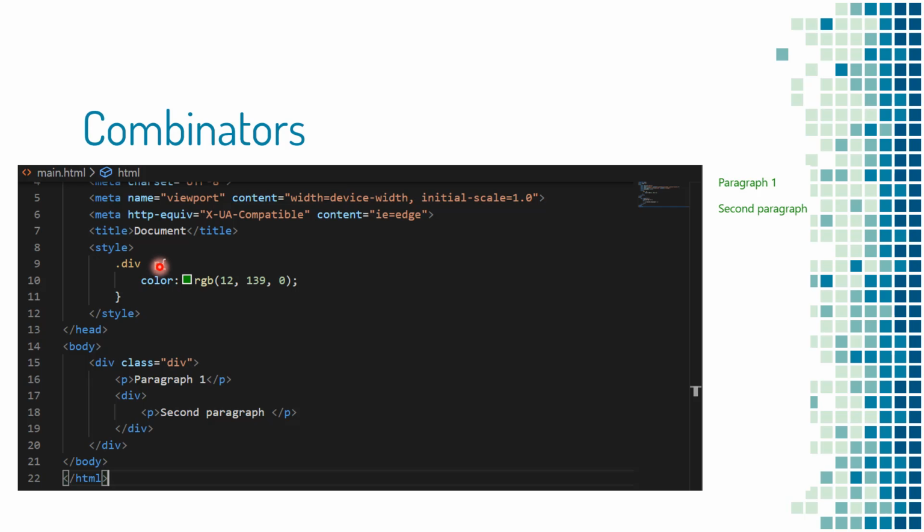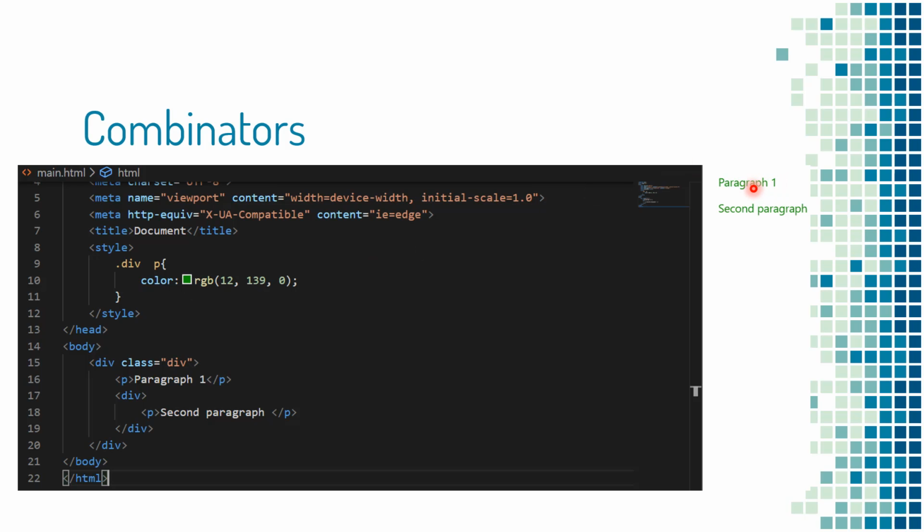If we write something like this with a space between this selector and this selector, that means we are trying to apply this style to all the children and grandchildren that we have in here. All the descendants of this tag will take the same effects.